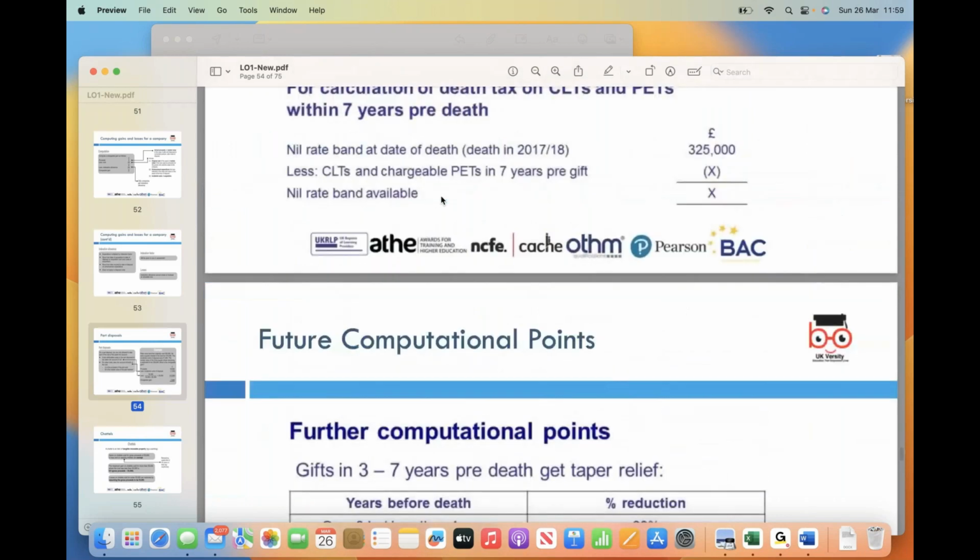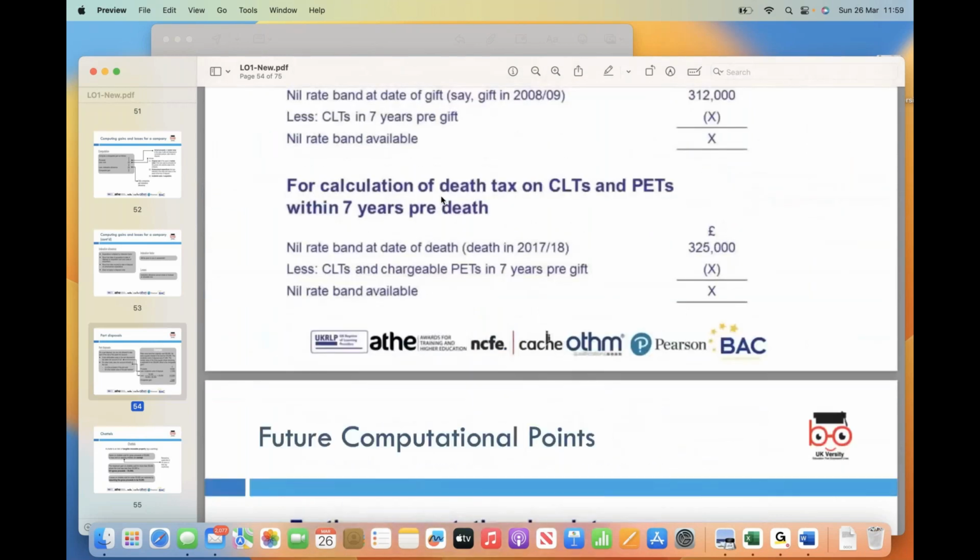Inheritance tax doesn't apply if it's your main residence, right? If my child and I live in a house and I pass away, my son will inherit the house, but because he lives in it, he doesn't have to pay inheritance tax.